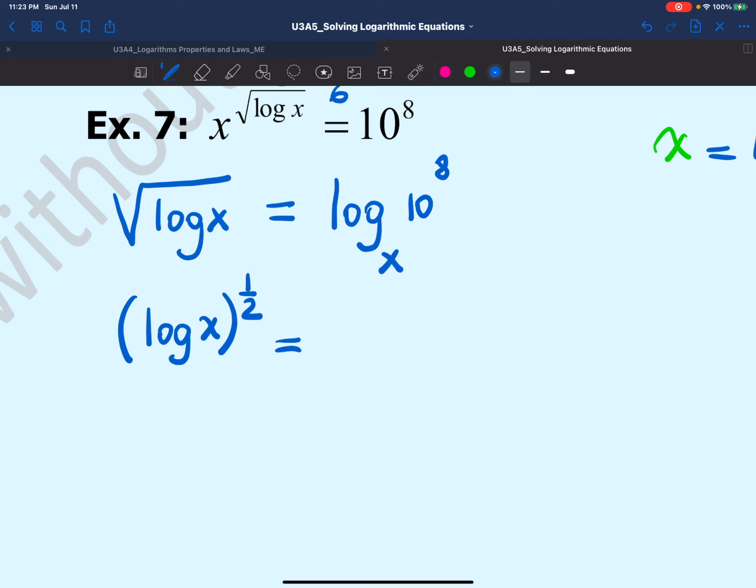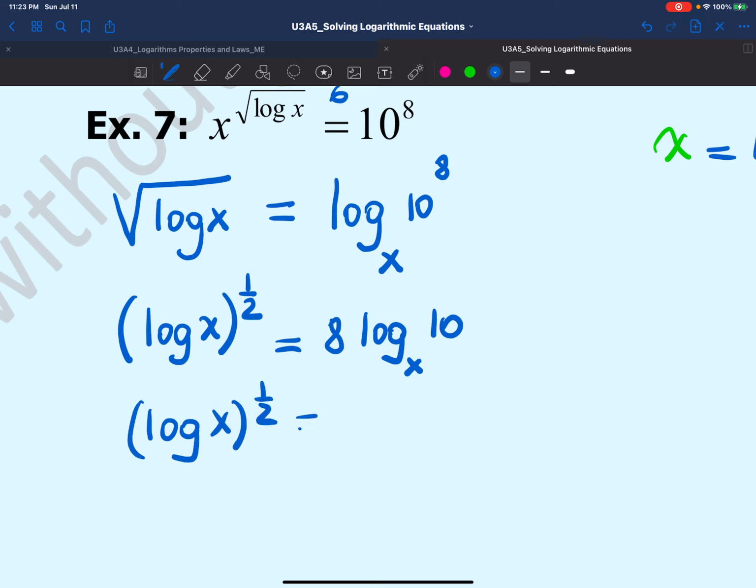Equals, this power of 8 here can easily come to the front. So that will change it to make it log with base x of number 10. Now we're going to use the change of base formula to write log with base x of 10 into log of 10 over log of x.